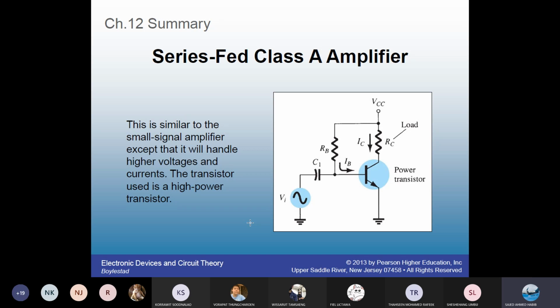Is it PNP or NPN? It's NPN. Arrow is going away. What about the configuration? What do you call this configuration? I'm not talking about the bias name. I'm talking about the configuration. What do you call it? Common what?